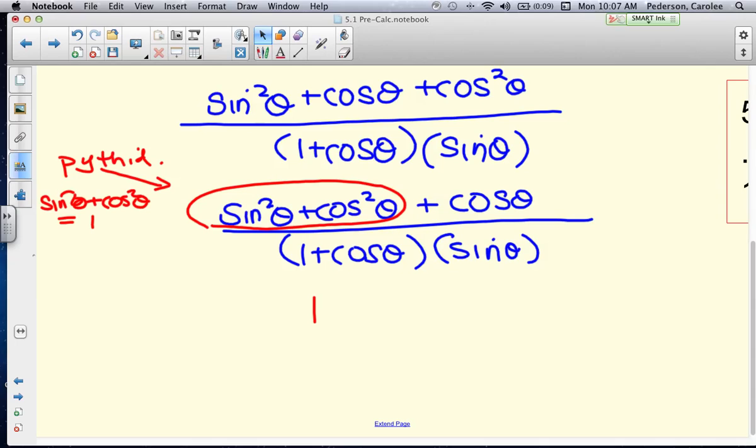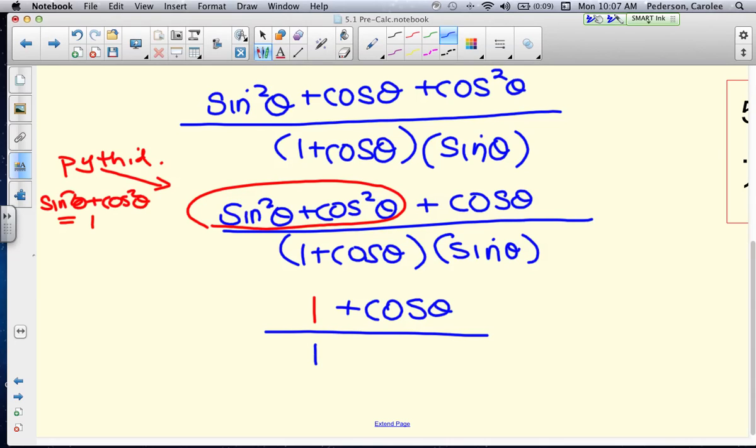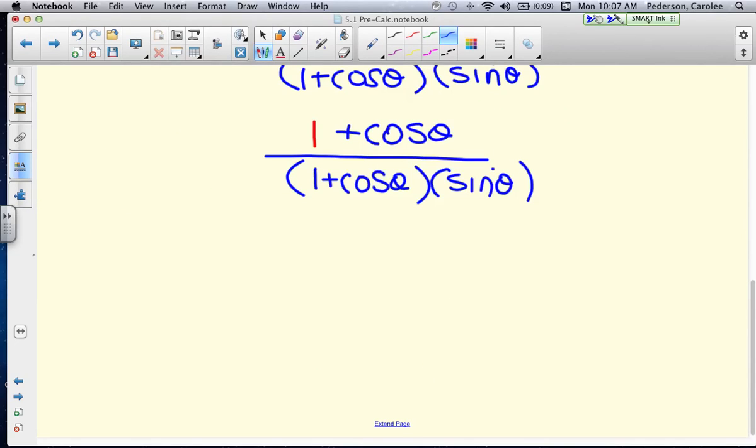How does that now benefit me in my problem? What can I do next? Does that get me to cancel out a big chunk? Yep.